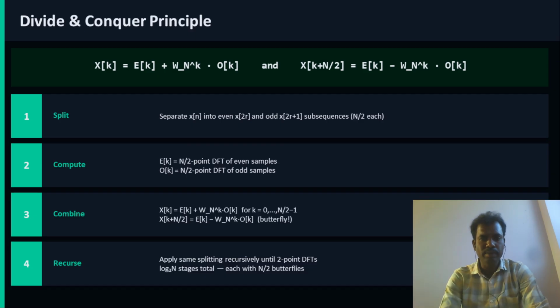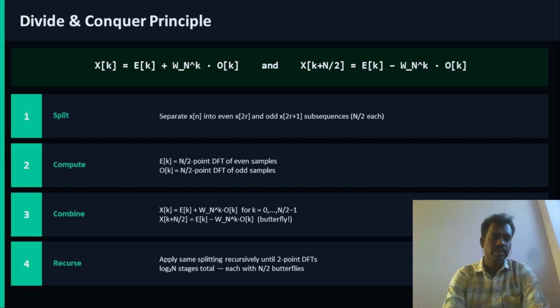So n samples means we have n by 2 even index and n by 2 odd index. We split into two parts, and each part is connected to a lower order DFT, that is an n by 2 point DFT, as n is divided into two halves.